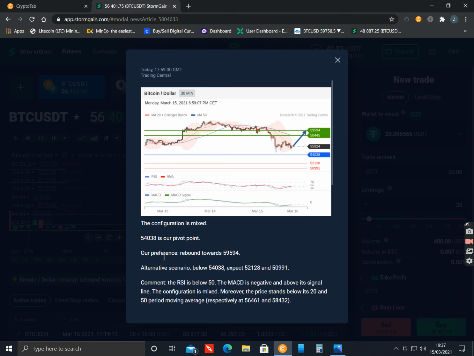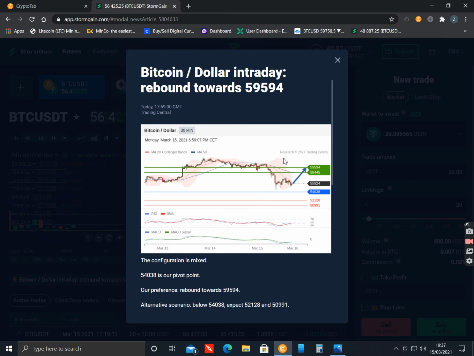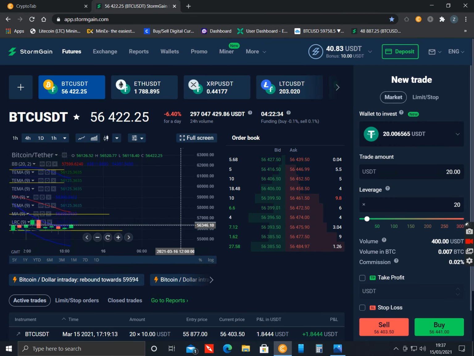Their alternate preference is that it rebounds towards the 5954 mark, so they think it might be bouncing up instead. So like I said, do your research, look at what you think is going to go on, and base your trades on that.